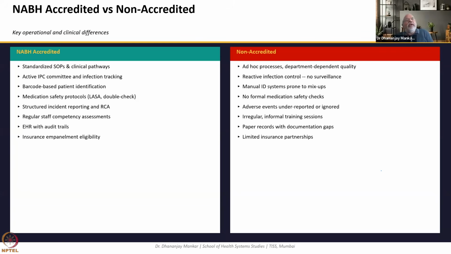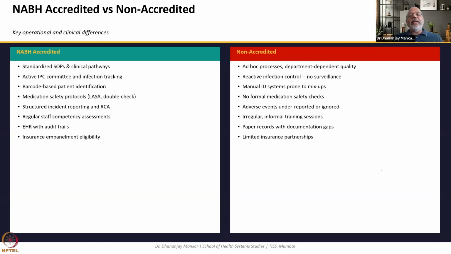NABH accredited institutions are standardized, with standard operating procedures for clinical and non-clinical employees, and clear clinical pathways, which gives them a quality philosophy.